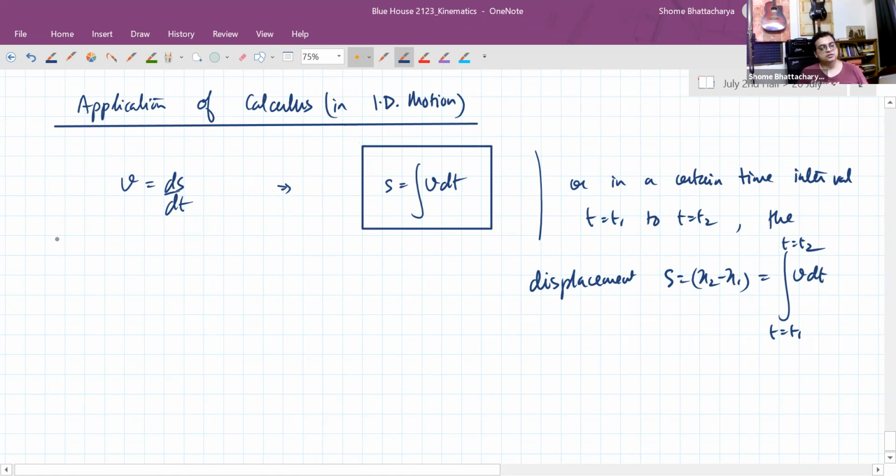And likewise, a is equal to dv by dt. That means delta v is equal to integration of a dt.